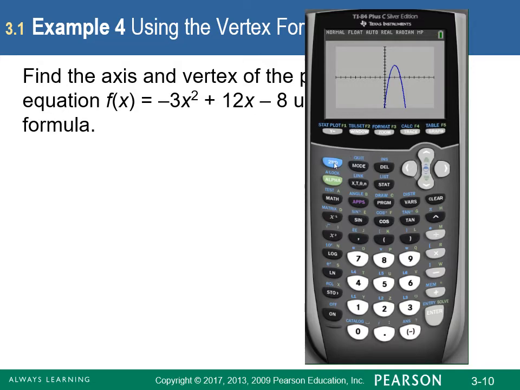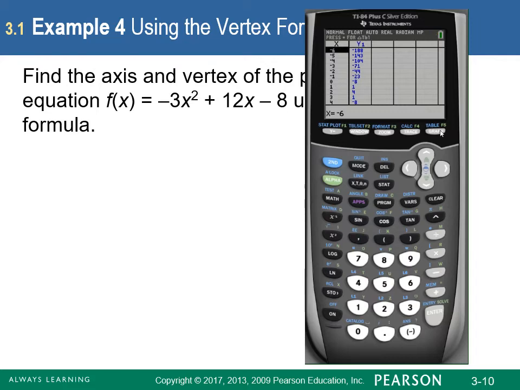We'll use the table to find points. I'm looking down through my table, and I notice that here is 2, 4, where the 4 has the same number above it as below it. That tells me 2, 4 is the vertex.